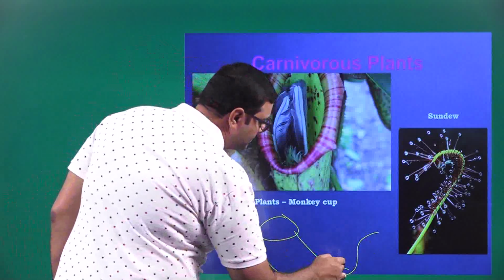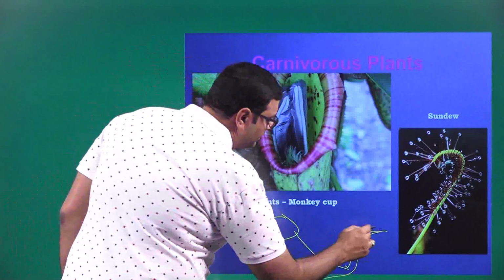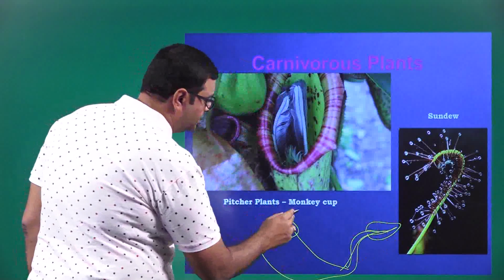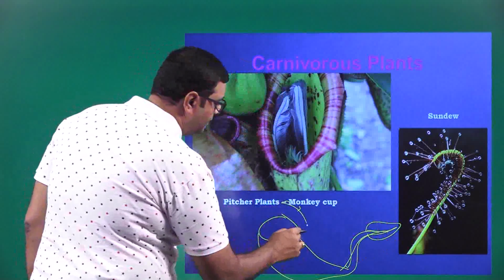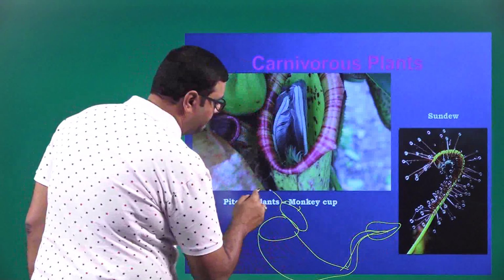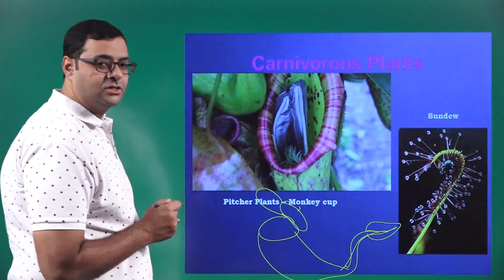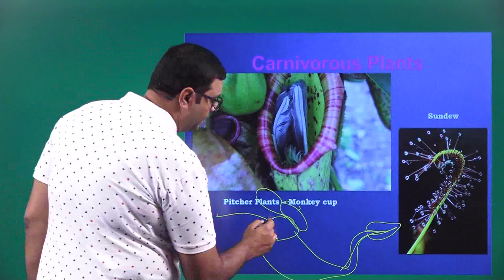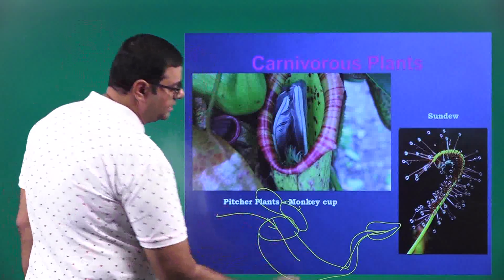So this is the leaf, and the leaf is modified into a pitcher like this. This pitcher will have a big lid like this. So the insect will come and automatically fall into the pitcher.